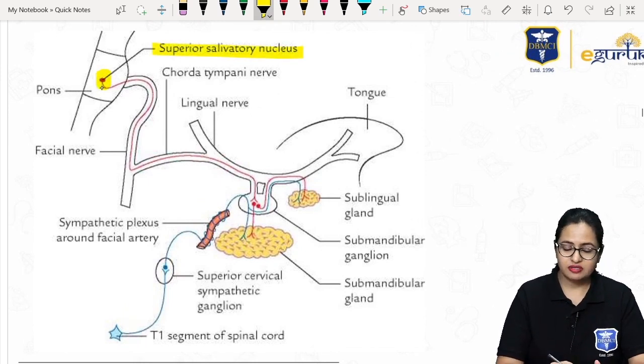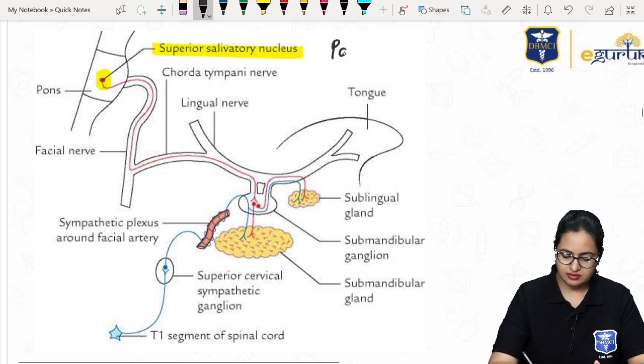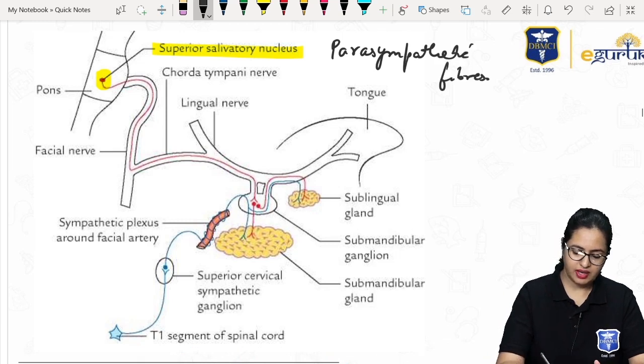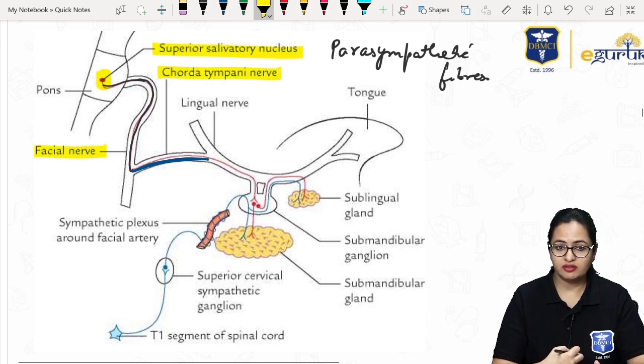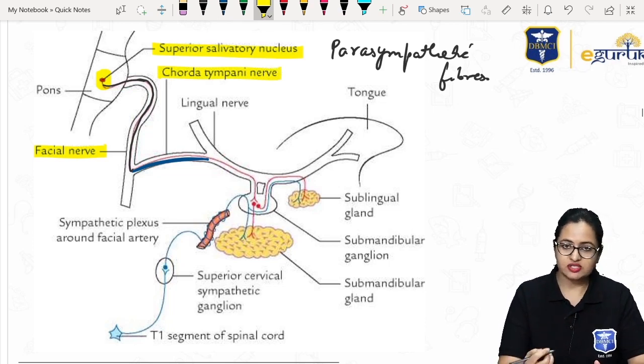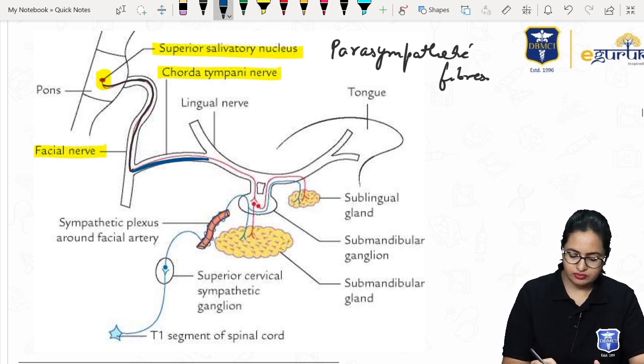The parasympathetic fibers pass through the facial nerve, then reach the chorda tympani nerve. This is the chorda tympani nerve, and now these fibers go towards this nerve which is the lingual nerve.